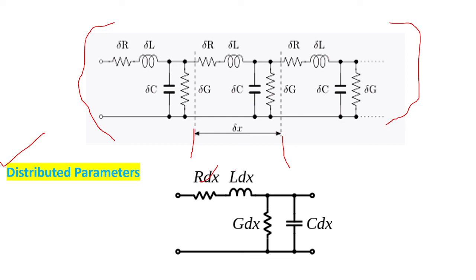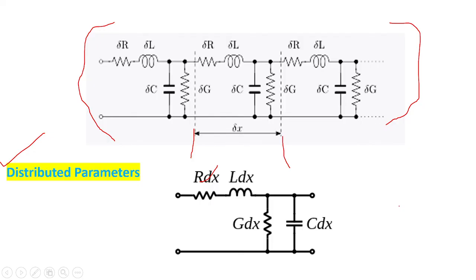As I said, it is a distributed parameter because it has a continuous occupation along the location of the cable. For analyzing this transmission line cable, we will not consider only this piece of unit section. We may consider a T section or pi section, which will be discussed in the upcoming lectures.